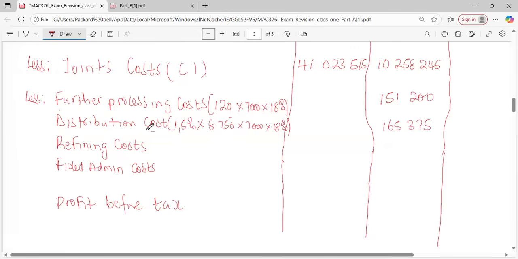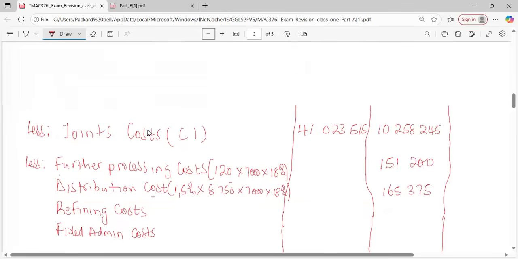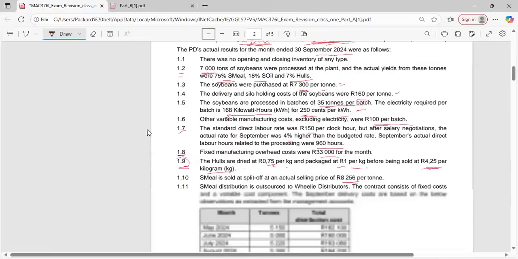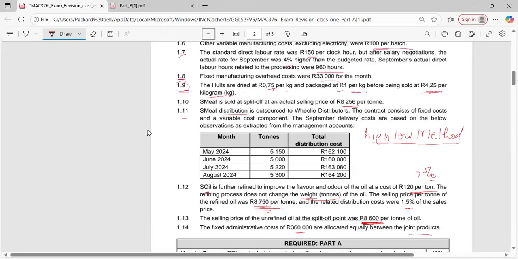We want also the distribution cost of S meal. So the distribution cost for S meal, you come here now. This is where you use this table. Because there they are saying S meal's distribution is outsourced to a distributor. The contract consists of a fixed cost and variable cost formula. The September delivery costs are based on the below observations as extracted. So which means we have the ones for May, June, July, August.